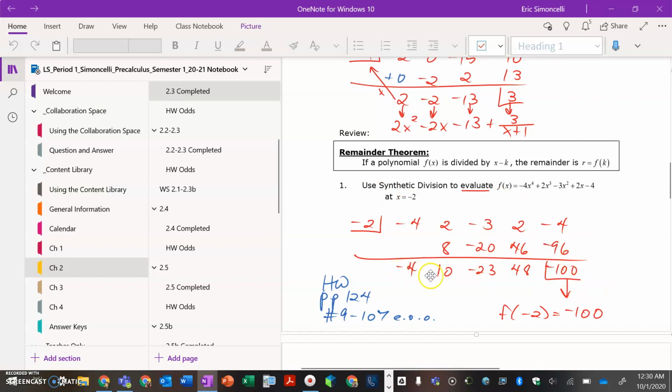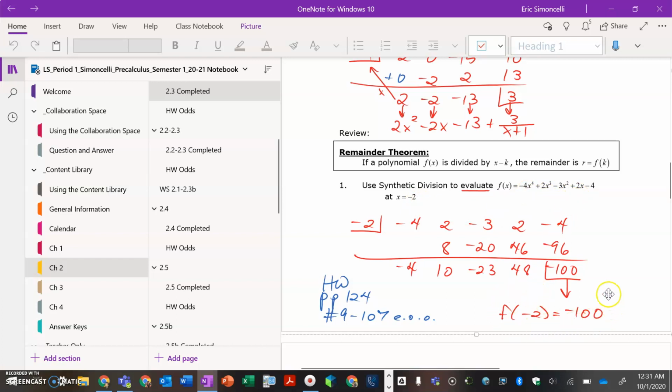You could consider this as part of the quotient, and therefore this would be part of the remainder over x plus 2 as the full fraction there. However, this is not actually wanting a function as a final answer, or a quotient, in other words. It's asking you to evaluate. What it really, if you think about it, is asking for is you to plug in -2 here, here, here, and here.